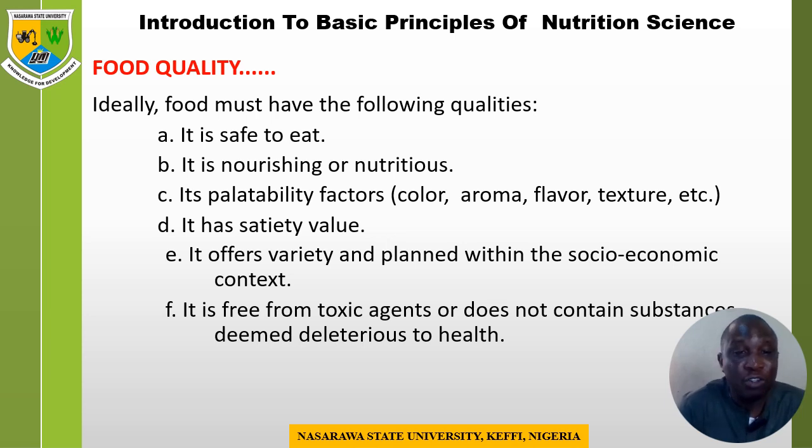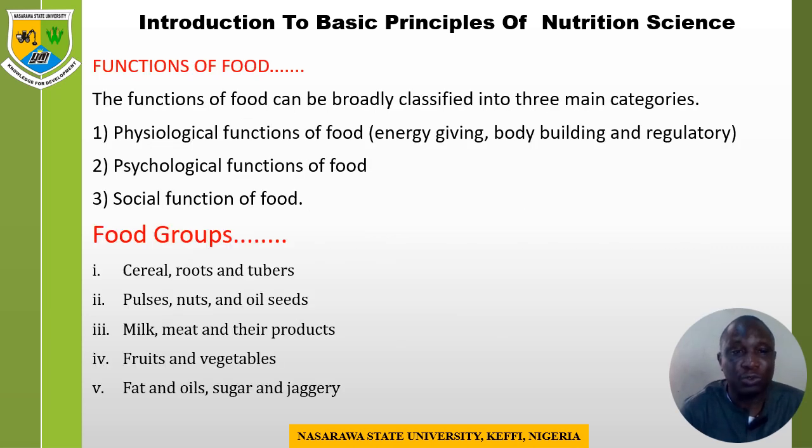The presentation of food determines if we will accept it or reject it. 4, it has a satiety value. 5, it offers variety and plan within the socio-economic context of an individual. And 6, it is free from toxic agent or does not contain substance deemed deleterious to health. So these are the quality we expect from food.